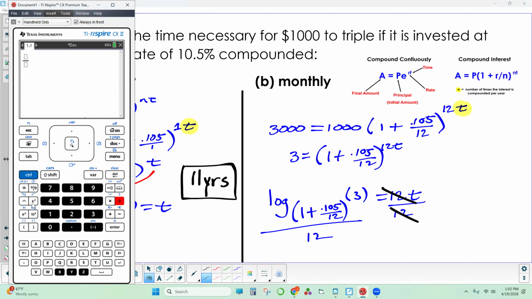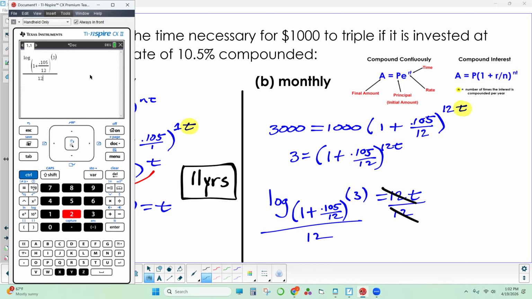So we've got a log base, I'll open parentheses, 1 plus 0.105 over 12 of 3, all divided by 12. Now, as you can see in my calculator, it is written exactly like we have it written on our Smart document here.